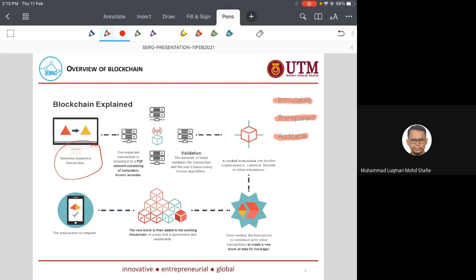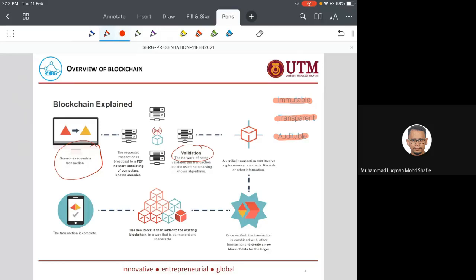Once someone requests a transaction, the requested transaction is broadcast to the P2P network, consisting of computers known as nodes. Every block inside the blockchain is put into the nodes, and the block itself has its own architecture. When the transaction enters the network, all the parties need to validate it. At the validation level, the network of nodes validates the transaction by using a specific algorithm and so on.